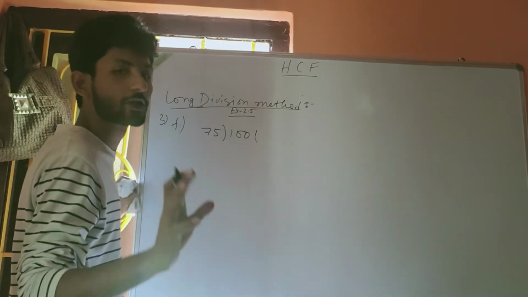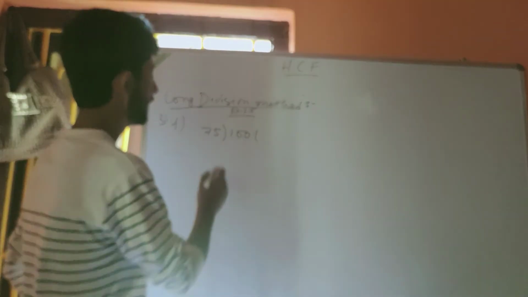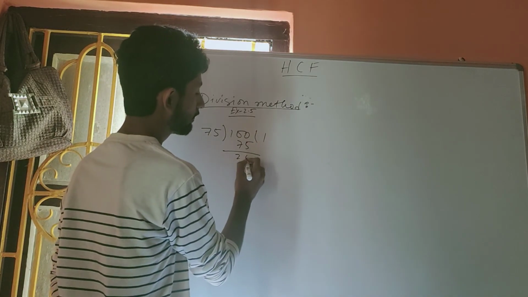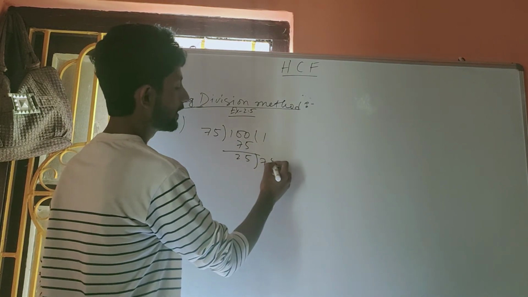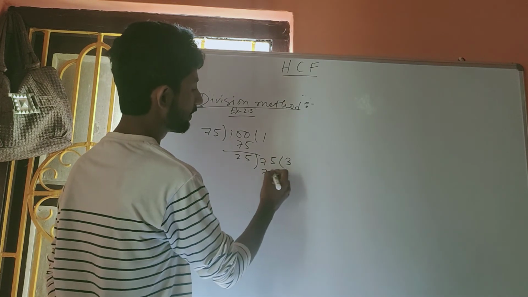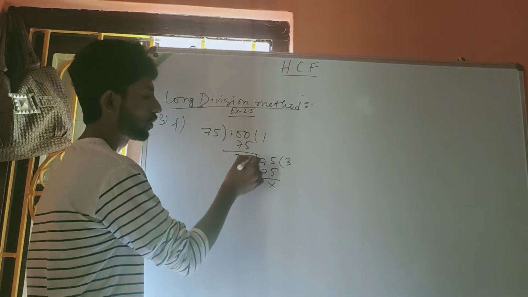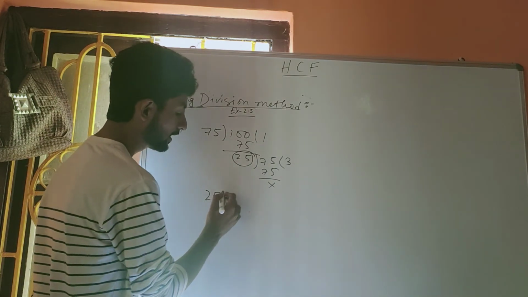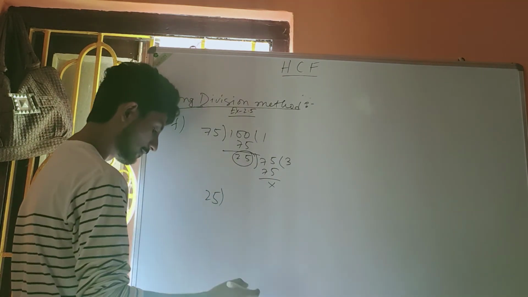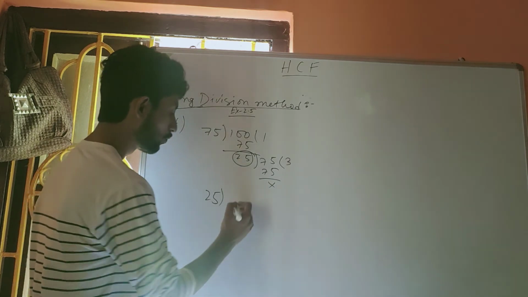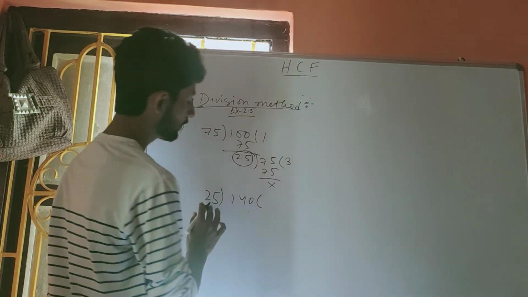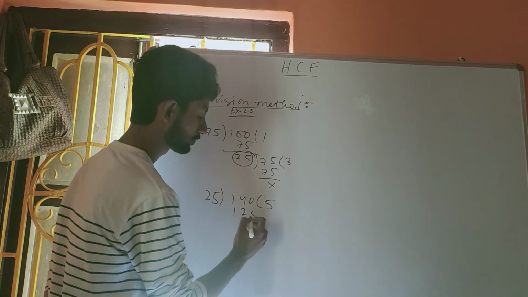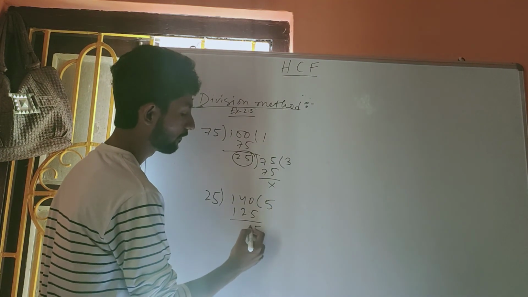Simply, first you have to take 2 of them. Okay. 100 divided by 75 gives 1, then the remainder is 25. So 25 will divide 75, it will be 3, and the remainder is 0. So what is the HCF here? 25. Now this 25 will be divided into the next number. What is the next number? 140. Now 25 5s are 125, so the remainder will be 15.